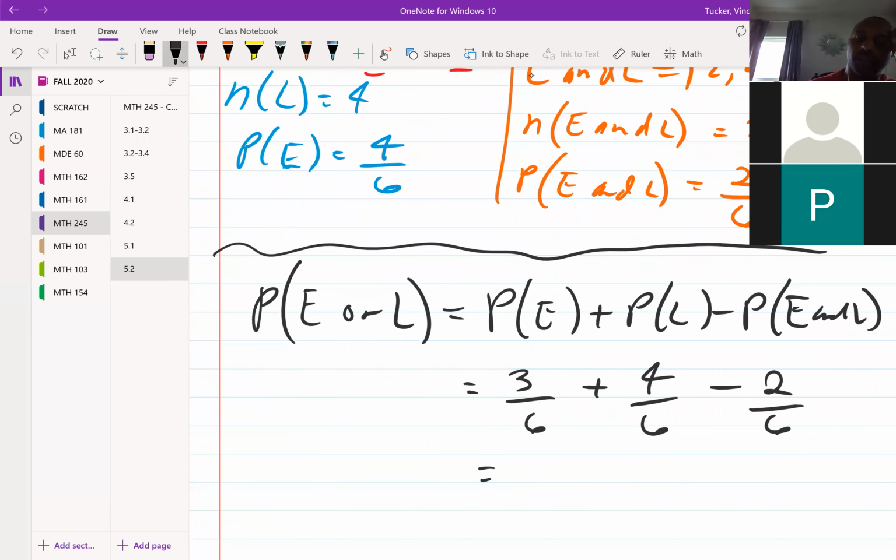And that will give me 5 over 6. That's my final answer. A 5 out of 6 chance of getting an even number or a number less than 5.